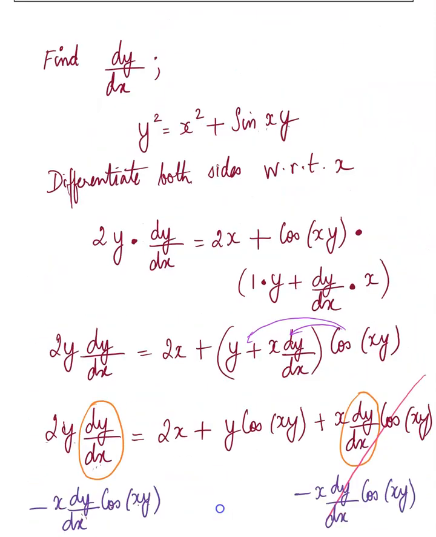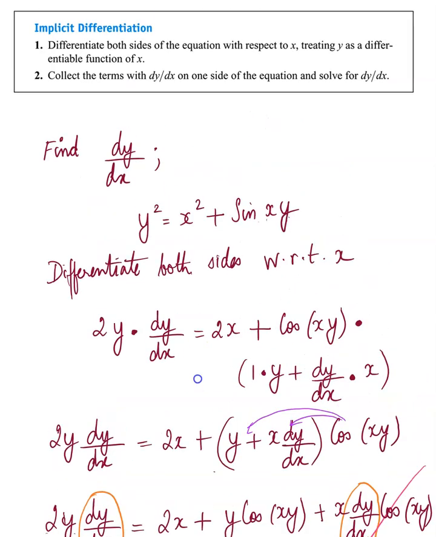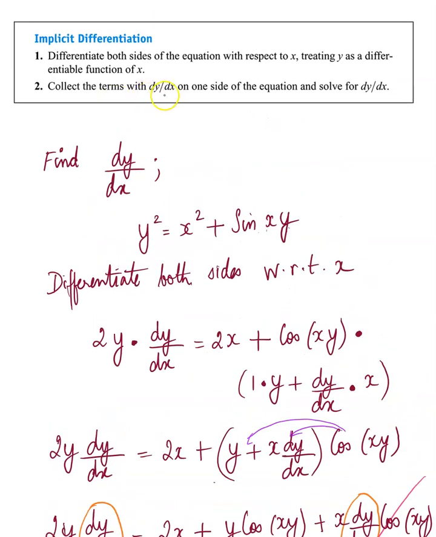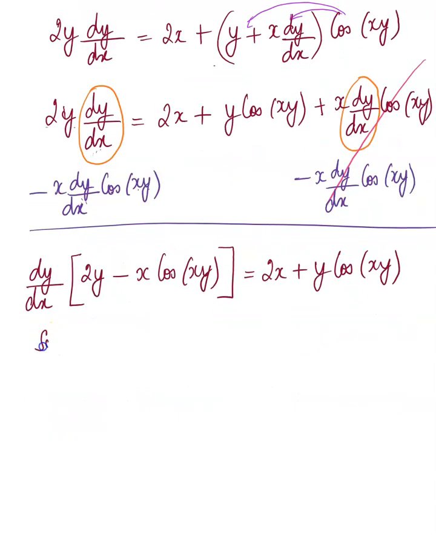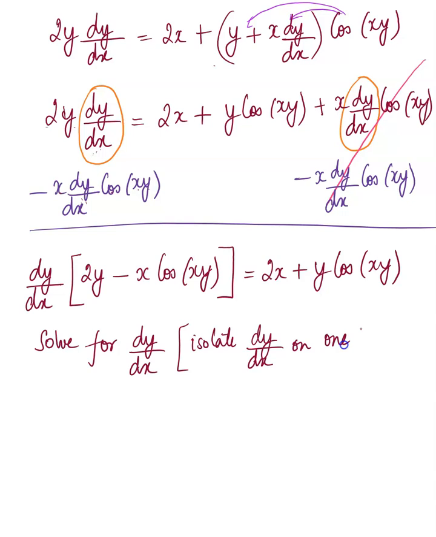And in step 2, if you come back here, it said collect the terms with dy over dx. We did that on one side of the equation. And solve for dy over dx. To solve means to isolate. So solve for dy over dx. Isolate dy over dx on one side of the equation.